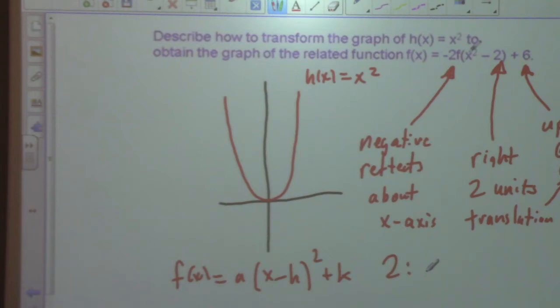What's a 2 do? You know it. Okay, so what this will do is vertically stretch, vertically stretch by a factor of 2.